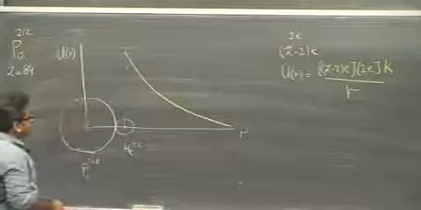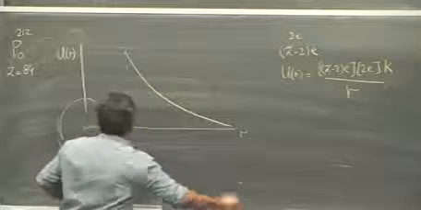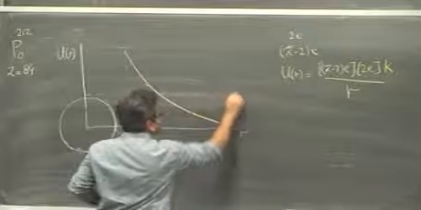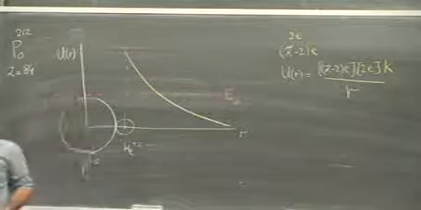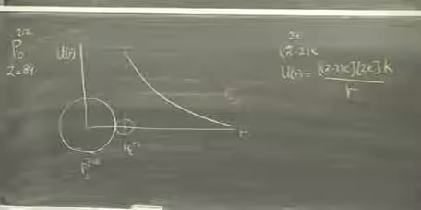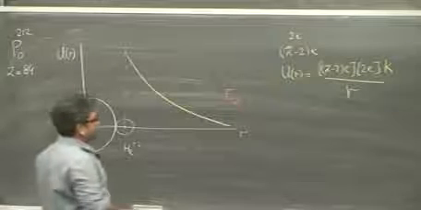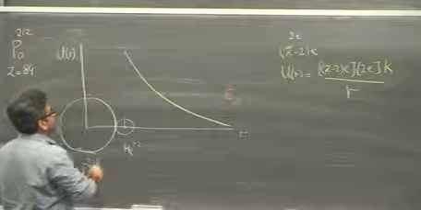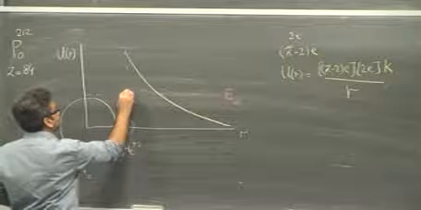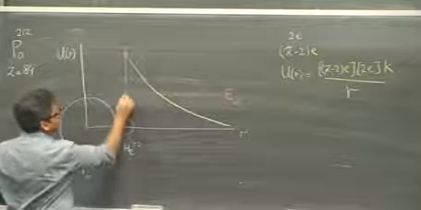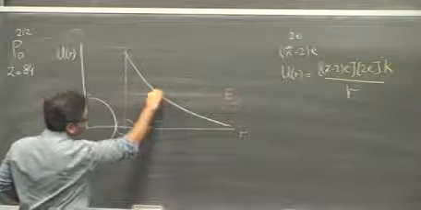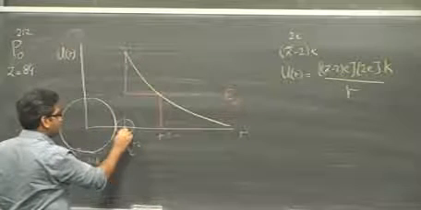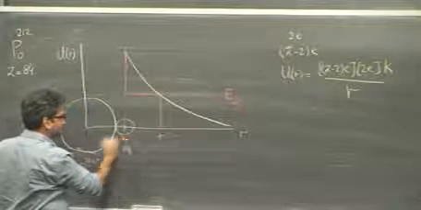So if E is the energy of the emitted alpha particle, which would be the kinetic energy, then how would the potential barrier look? At this point, the height is this, and the width, let's say this is R prime and this is R0.